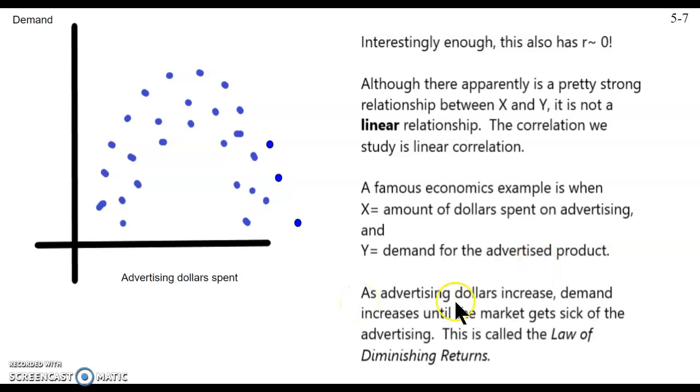That's called the law of diminishing returns. As advertising dollars increase, demand increases for a while until the market gets sick of the advertising, and then those dollars don't create more demand. Actually, it creates less demand. There are a lot of variables that have relationships that aren't linear. They might be related by a curve, and that's not what we're talking about here. We're talking about just linear relationships.